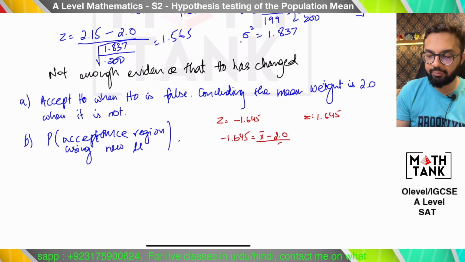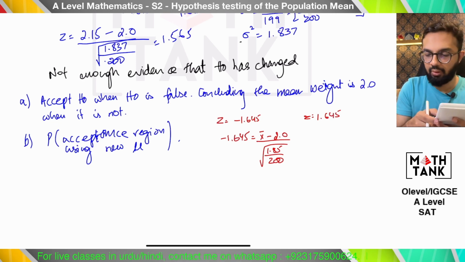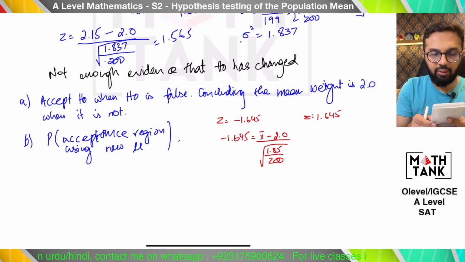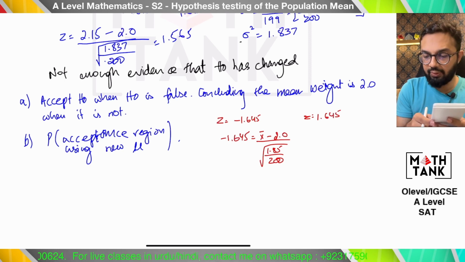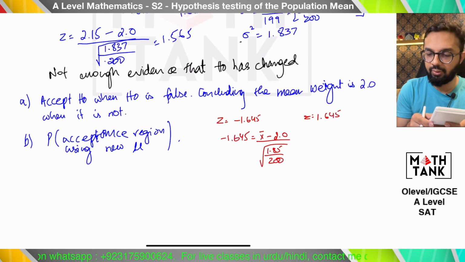Okay, this was the standard variance, so I'm going to put that inside a root as well. Okay, let's see what I get. What I'm trying to do here is find the rejection region first, then convert it into an acceptance region and then calculate the probability of that, because it is a 7-mark question.